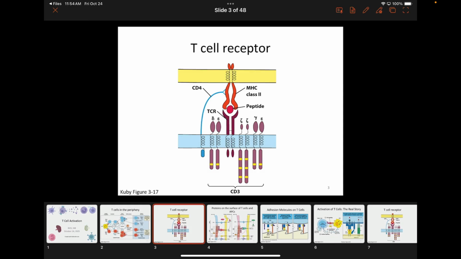So when MHC plus peptide comes close to this T cell, we're going to pull our CD4 or CD8 next to the T cell receptor with CD3. That's going to pull this kinase in close proximity to these ITAMs, and now the kinase is able to phosphorylate the ITAMs. So we kind of saw this before.